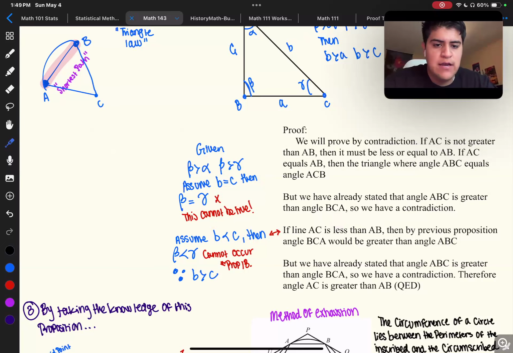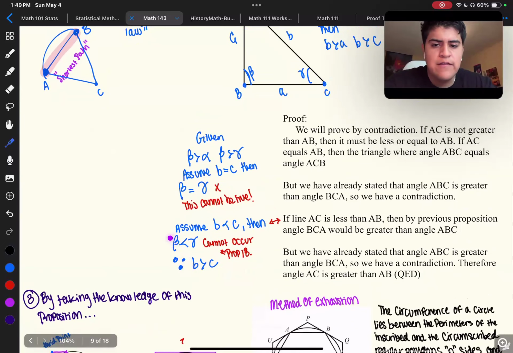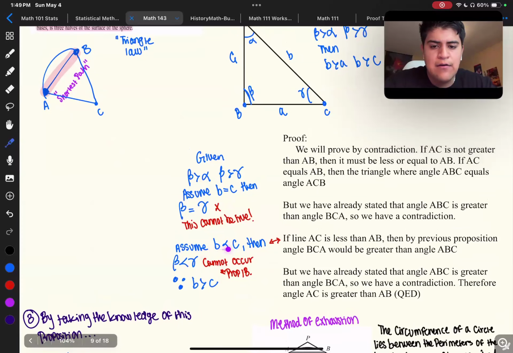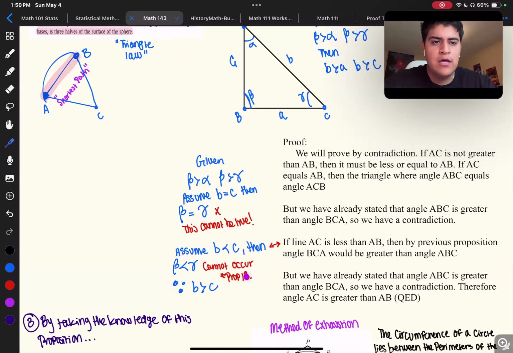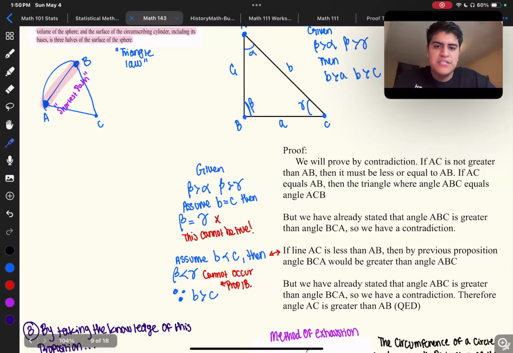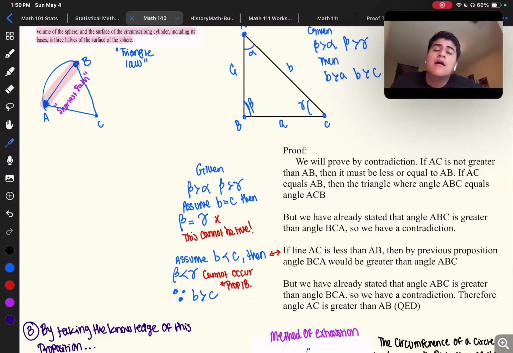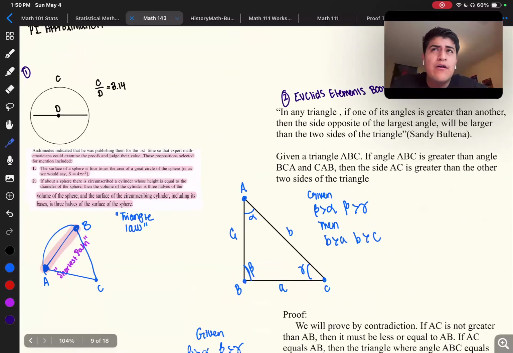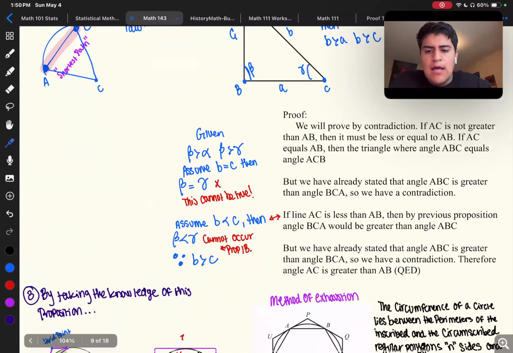Now let's assume that angle B is less than angle C, then beta must be less than gamma. This cannot occur, and this is already proven by another proposition of Euclid, Proposition 18, I think of Book 1.